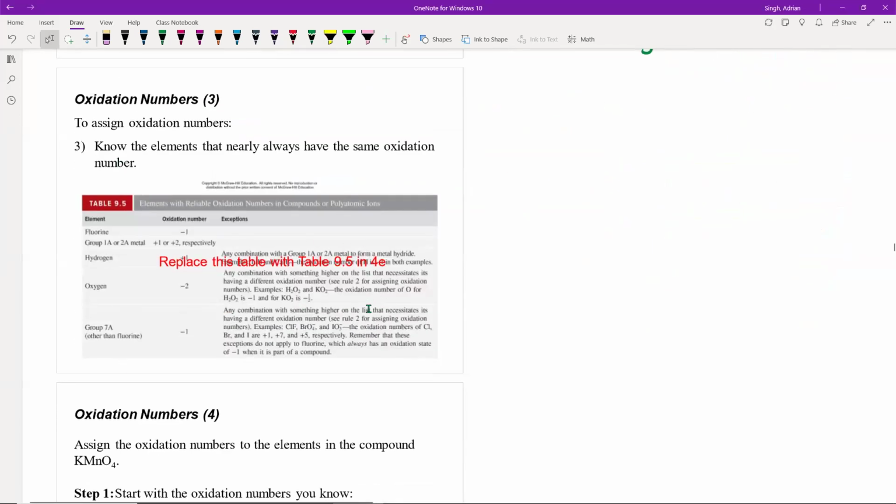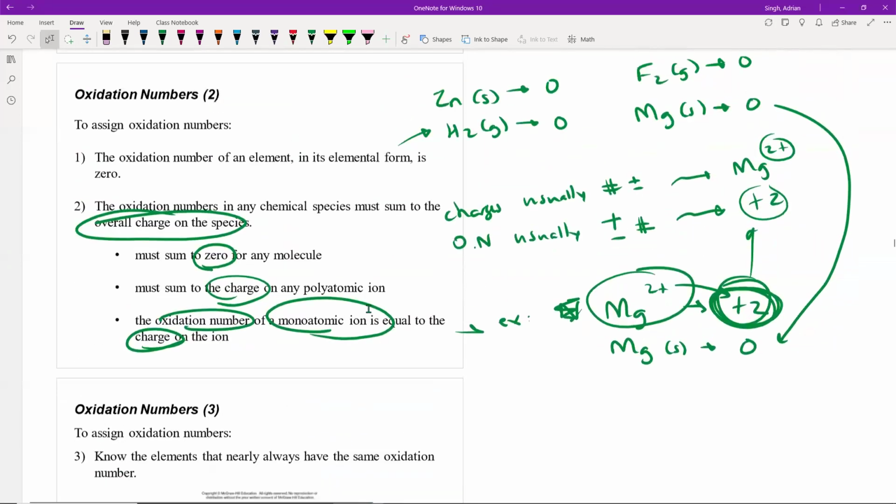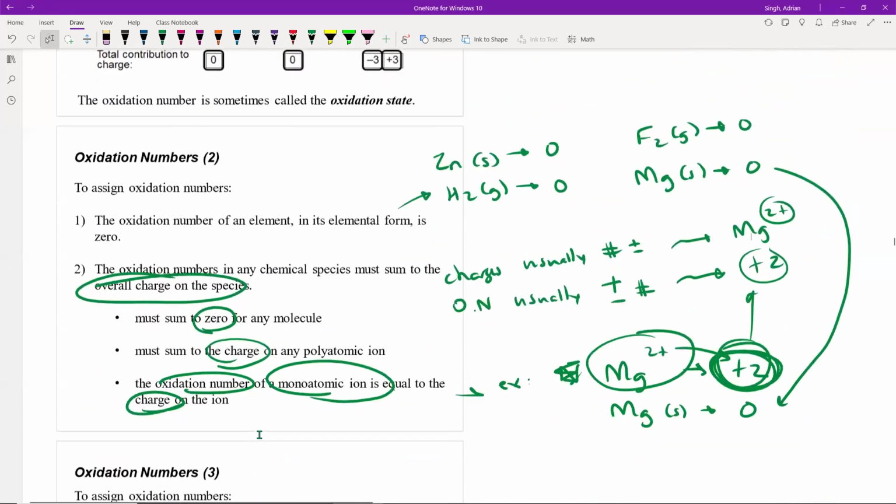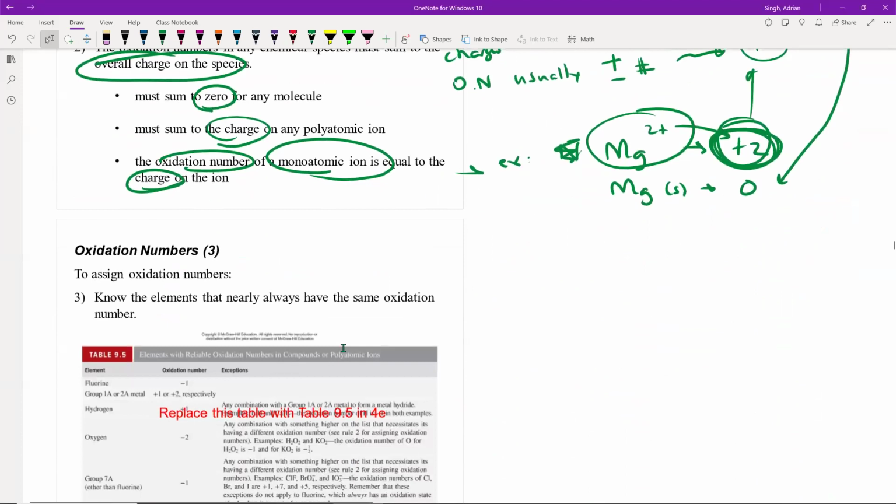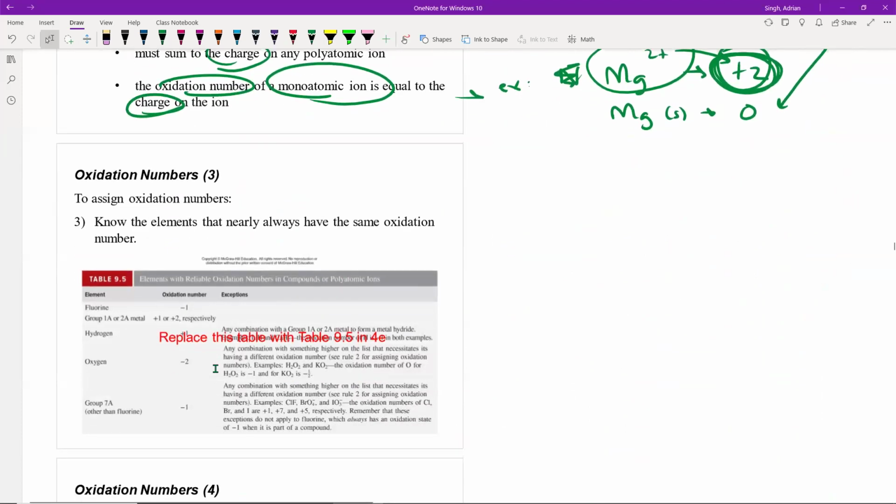All right, so when we assign oxidation numbers, in addition to what we just talked about in the first two rules, there are some general things that we want to keep in mind when it comes to assigning these. Some elements are almost always going to have the same oxidation numbers wherever you find them. Fluorine, for example, if it's in a compound, is always going to be -1.